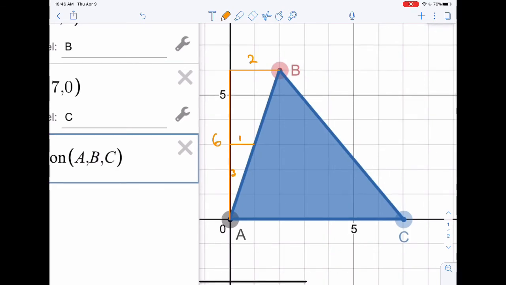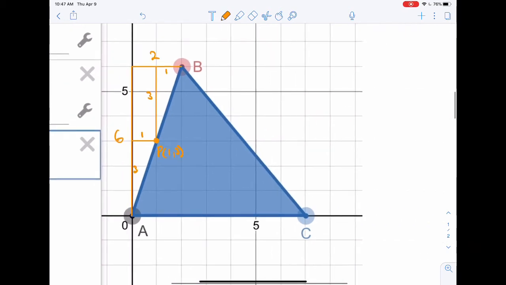You would have 2 slope triangles with a rise of 3 and a run of 1. And there is our point P, the midpoint of AB. And so P, the coordinates are 1, 3. Go ahead and try to do the same thing for side BC to find point Q.